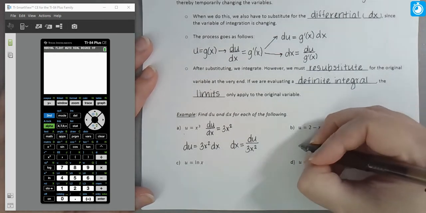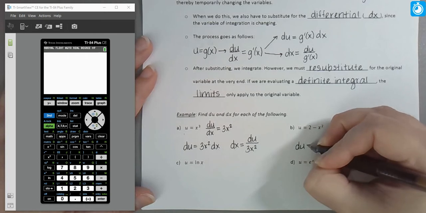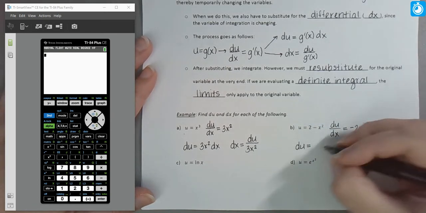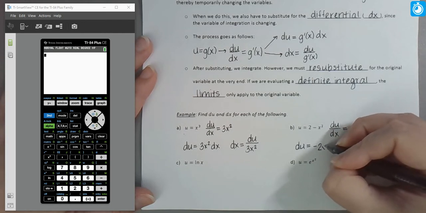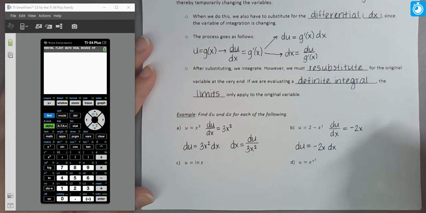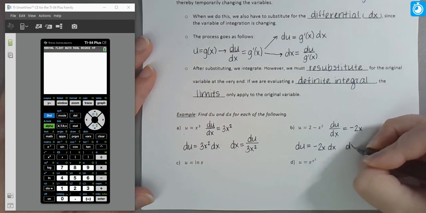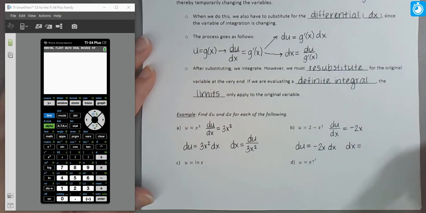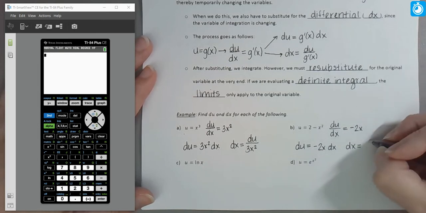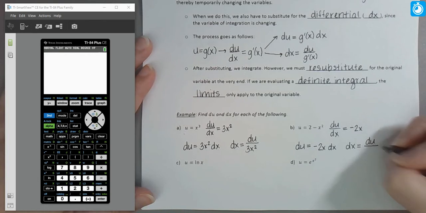Okay, so if I want my 2 differentials, du, I can just move dx over, multiply both sides. So du is going to be negative 2x dx. And then if we want to solve for dx, divide by the negative 2x, move it over. It's going to be du divided by negative 2x.